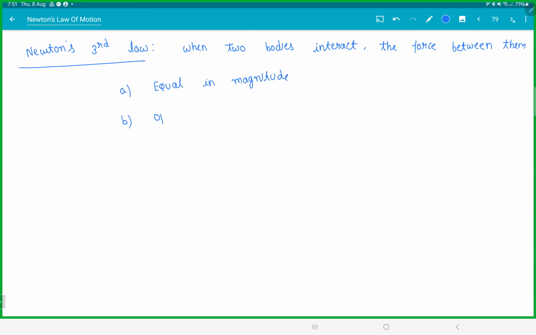Opposite in direction. So till here it is the same thing. Along the same line. If both the forces are not along the same line, the body will start rotating. You'll get a couple, also studied in school: two forces, equal and opposite, but with a distance between them. They should act at the same time.